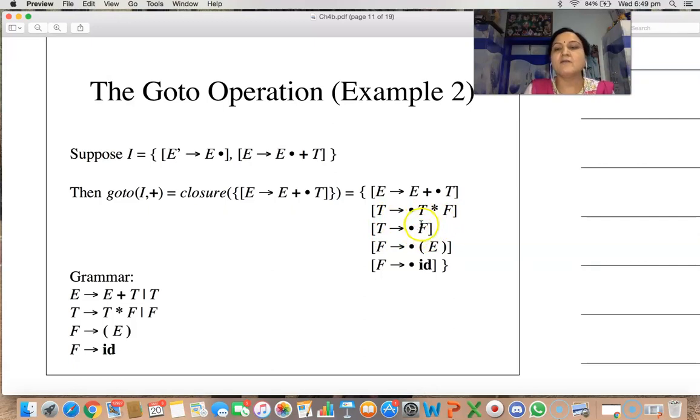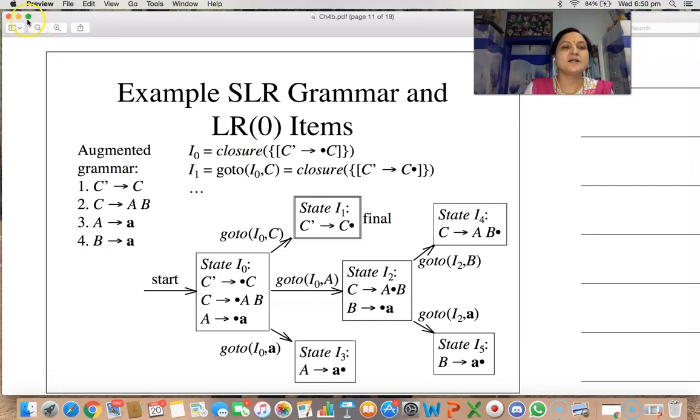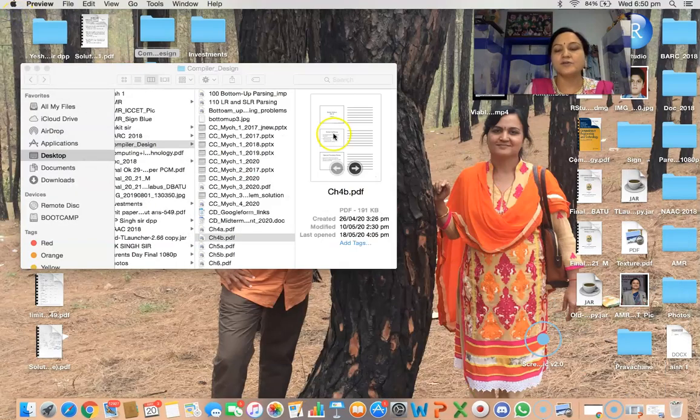Now here again F is a non-terminal after the dot, so we have to add its productions. So F → ·(E) and F → ·id. This is how we compute the goto on I, plus.